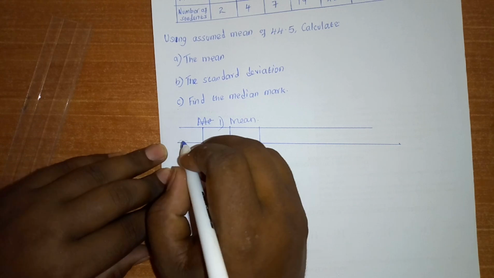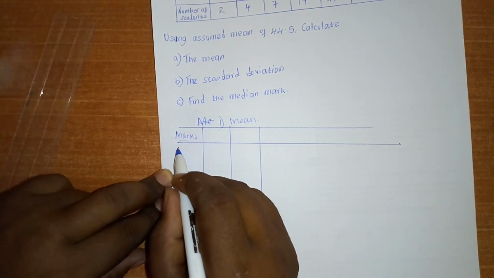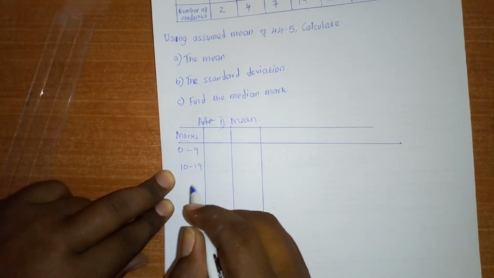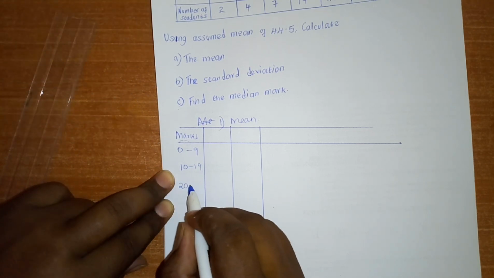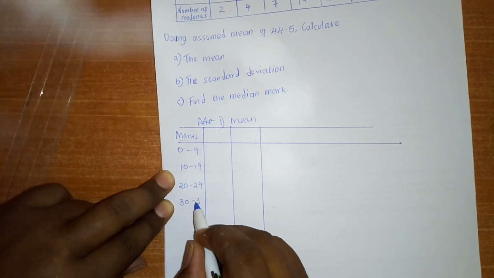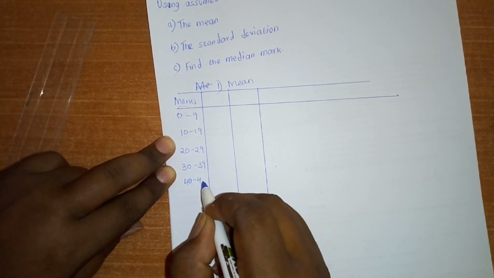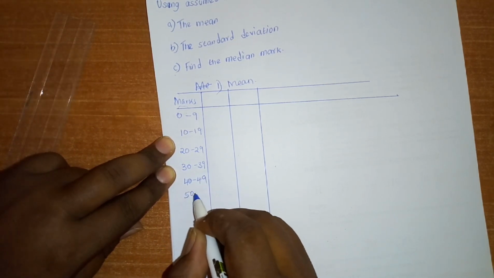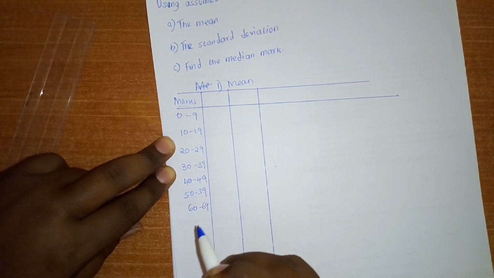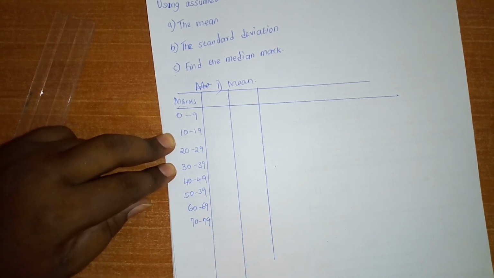Here we are going to have the marks, which range from 0 to 9, then 10 to 19, 20 to 29, 30 to 39, 40 to 49, 50 to 59, 60 to 69, and 70 to 79. So that is the max.